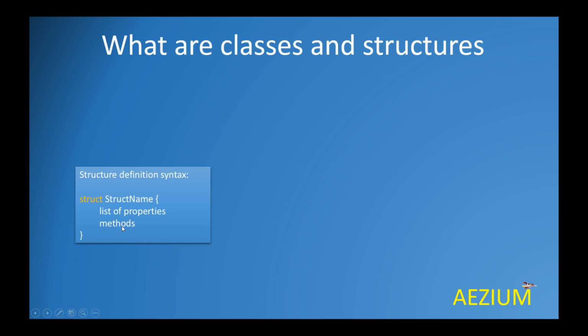These are functions which are defined for this structure. Similarly, for the class, we have the same sort of syntax. The only difference is the use of the keyword class. Again, notice the capitalization for the name of the class.